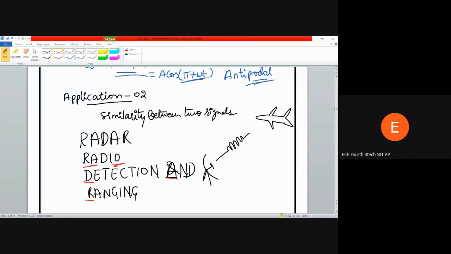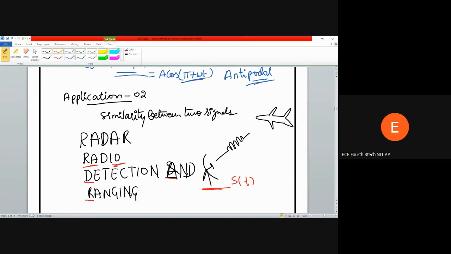So what happens is there will be an antenna transmitting the signal. Some signal S of t will be transmitted. If there is any target available, the signal will go and hit the target, and a portion of the signal will be reflected back. At the receiver end we will calculate the similarity, the correlation, between the transmitted waveform and the received waveform.